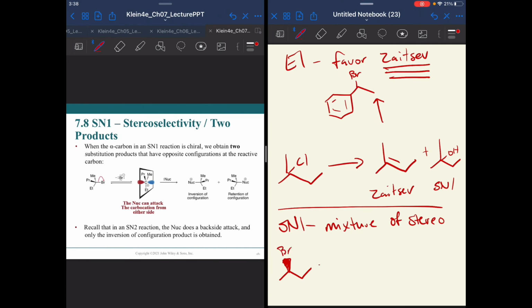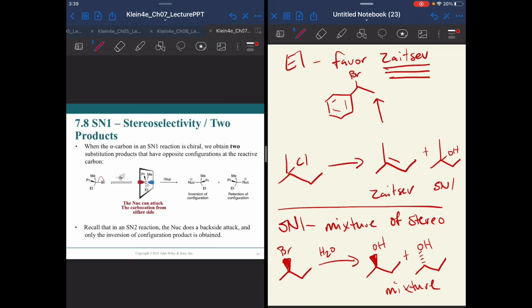Let's say that we have this secondary alkyl halide. We are treating it with whatever our weak nucleophile is. Let's just say it's water. We are going to get both retention of stereochemistry and inversion of stereochemistry. It's a mixture. We like to say that it's a racemic mixture, but that's not quite right, and we'll talk about why. But you do get significant amounts of retention and inversion of that stereochemistry.